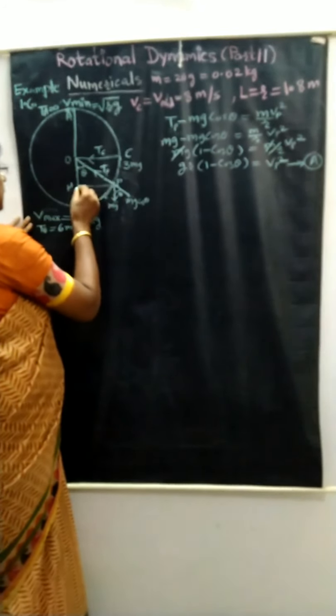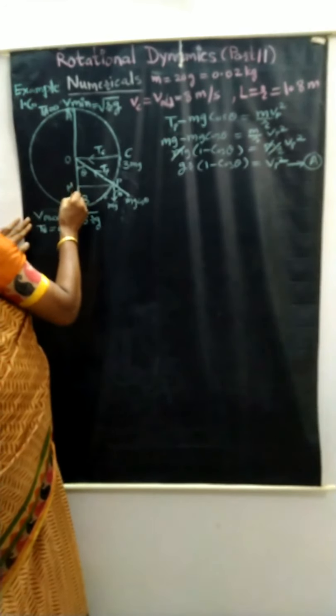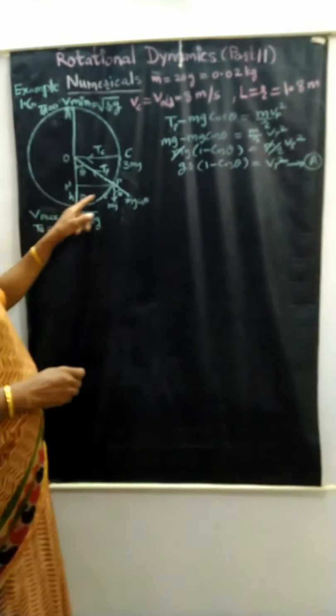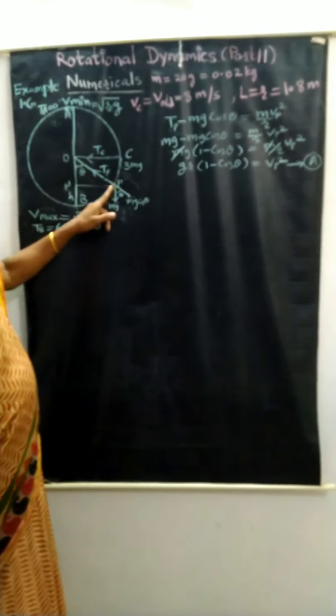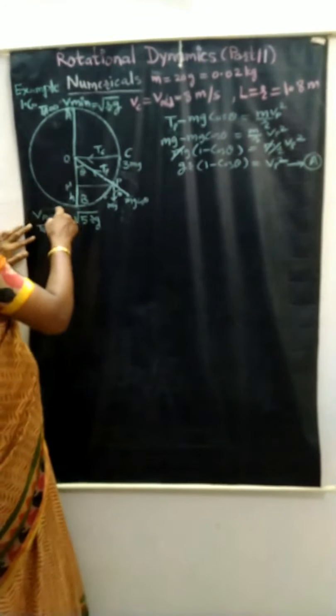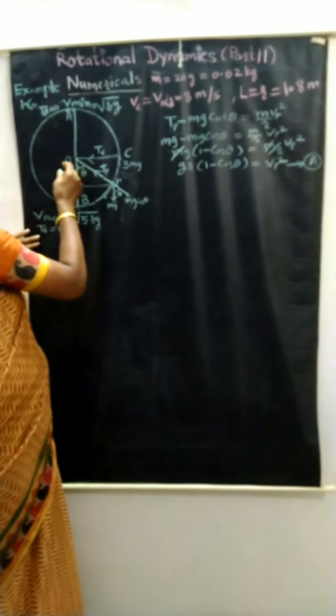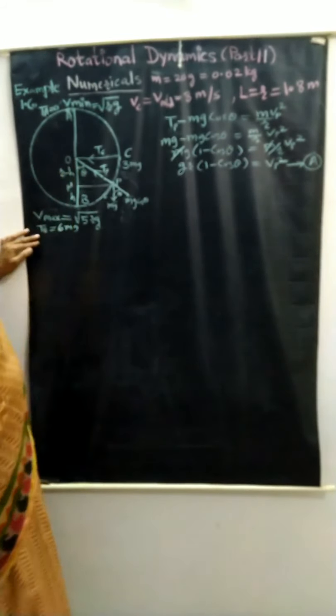Suppose this distance from point B to P dash is h. Means when the stone moves to position P, it is at height h above point B. So this remaining length will be r minus h.